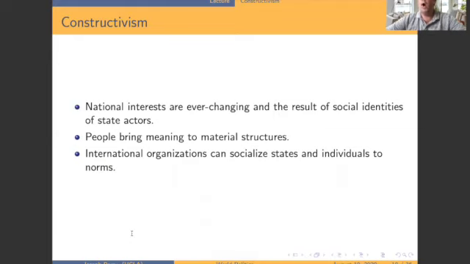So unlike other theories that we'll be discussing today, one of constructivism's major theoretical propositions is that neither objects, states, NGOs, etc., nor concepts such as anarchy or sovereignty have any necessary fixed or objective meaning. That is, what a state is, is not objectively true. What anarchy is, is not objectively true.